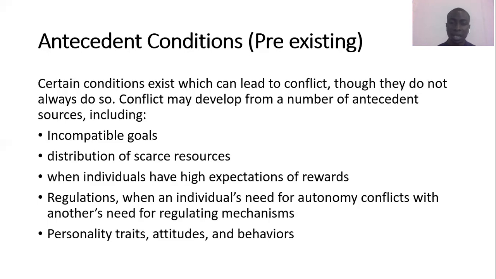One won't be happy. Regulation, when an individual's need for autonomy conflicts with another's need for regulation mechanism. So when it comes to giving power to another person, there will be mistrust. Also, recognize different attitudes and behavior. Certain individuals' attitude and behavior can bring about conflict.